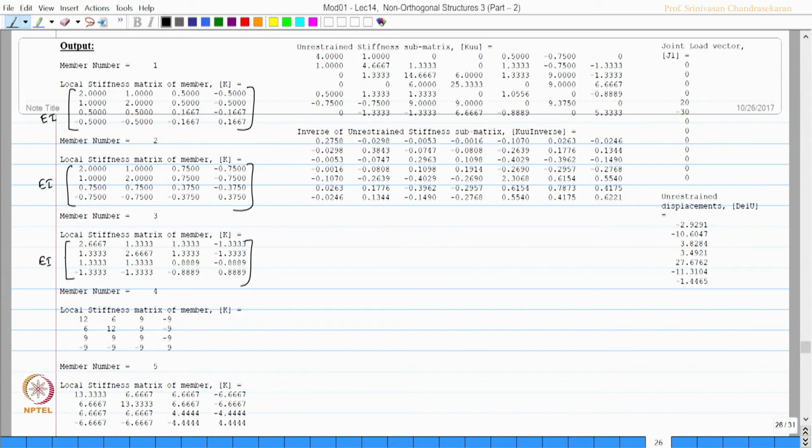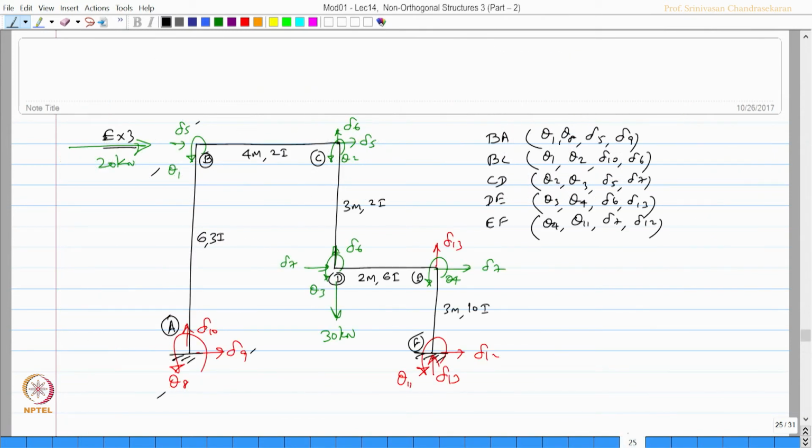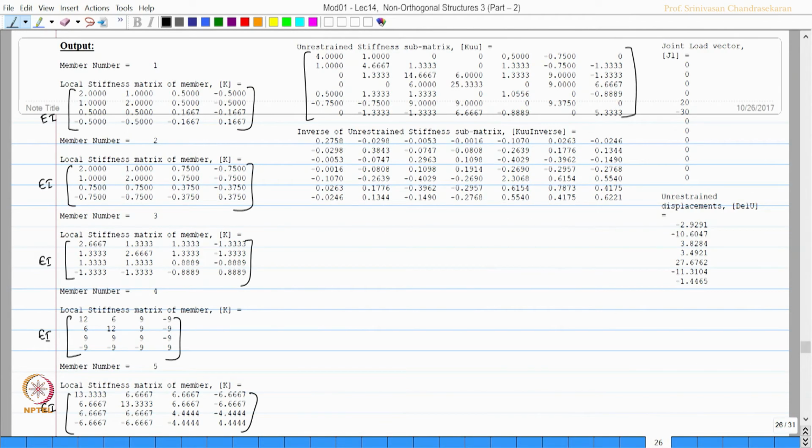Member 3, member 4 and member 5. These are the stiffness matrices. Then based on this, we found out the unrestrained stiffness matrix, because there are 7 unrestrained degrees, it will be 7 by 7, which is going to be EI again, which is actually KUU.